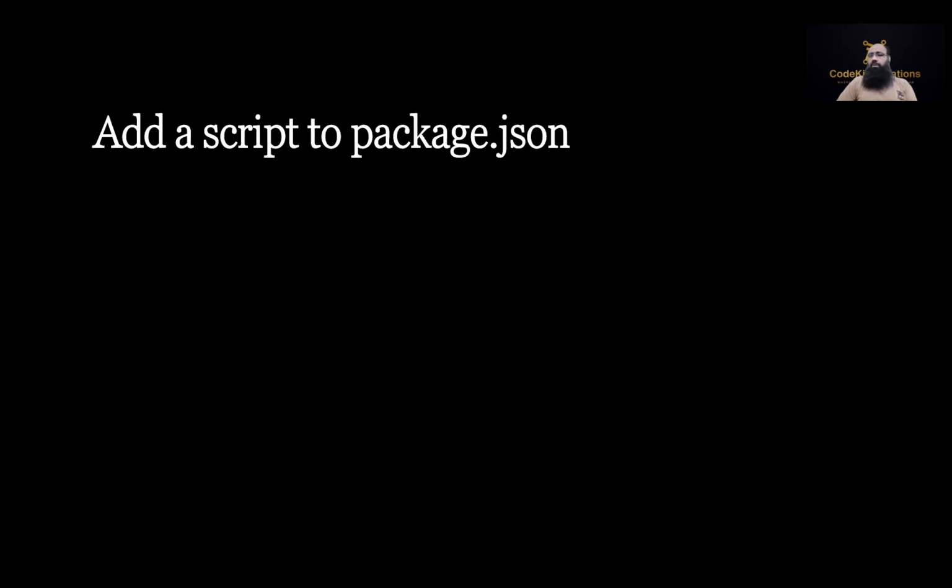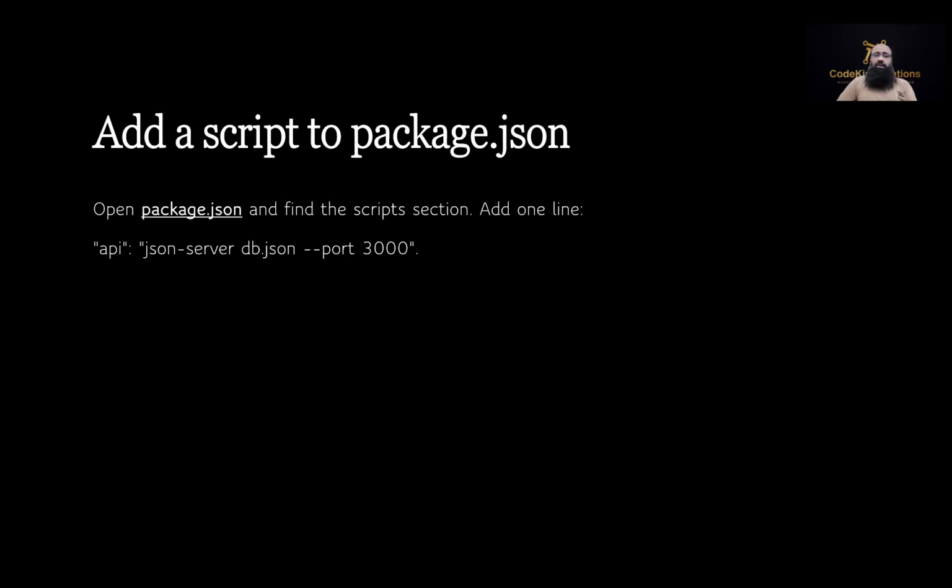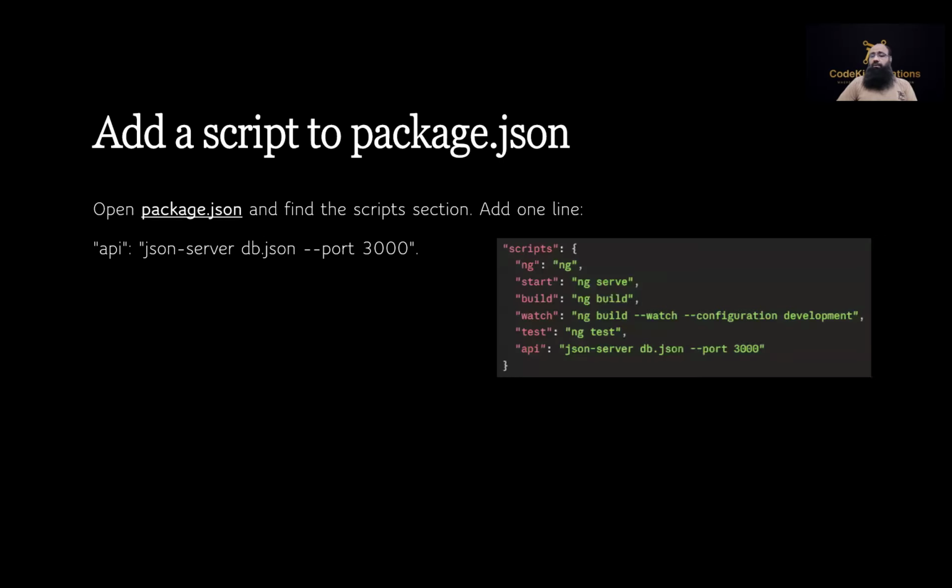So to use this specific server, json-server, we have already installed the package, but we want this to be run using a specific key, like we are using npm start. What npm run start or npm start is actually doing is using a command called ng serve, which is specific to Angular.